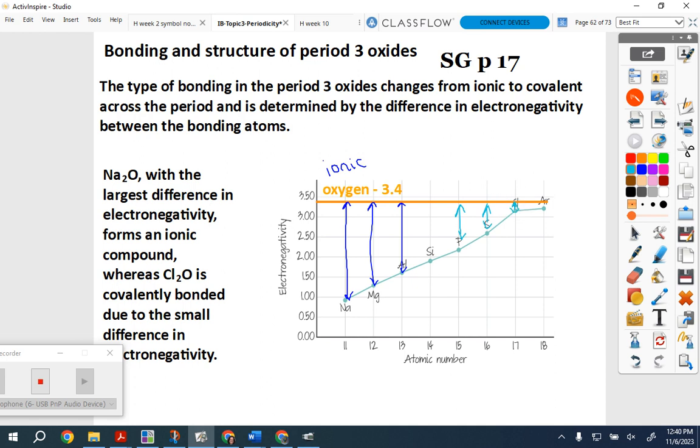Neither side really gets to win, gets to steal the electrons, so we end up with covalent compounds. And then you get this weird thing going on with silicon, where it basically takes that crazy tetrahedral giant covalent thing and adds oxygen to make silicon dioxide. Okay? And so this is also going to be a giant covalent structure.